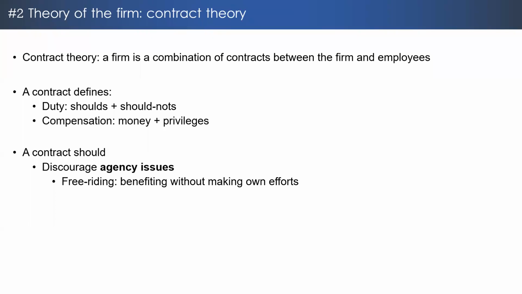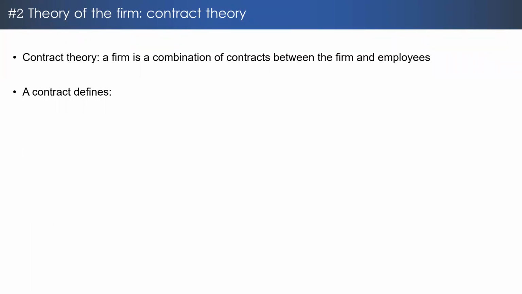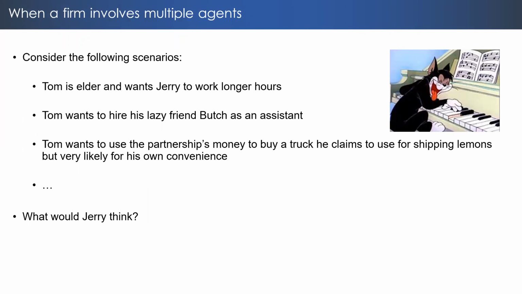So looking back to the example that we have shown on the last slide, Tom is elder and wants Jerry to work longer, right? So what will happen if he does that? Right? So he makes less effort for the company. However, he, as a partner, shares the profits of the company, right?